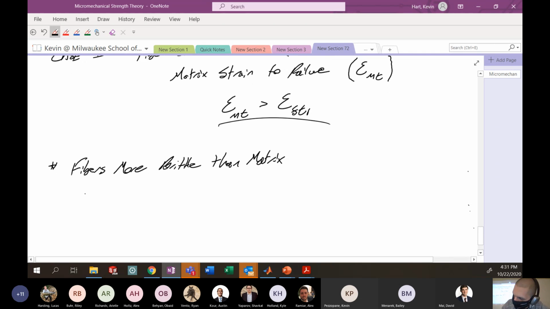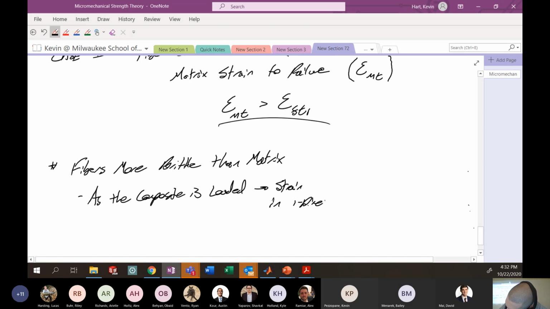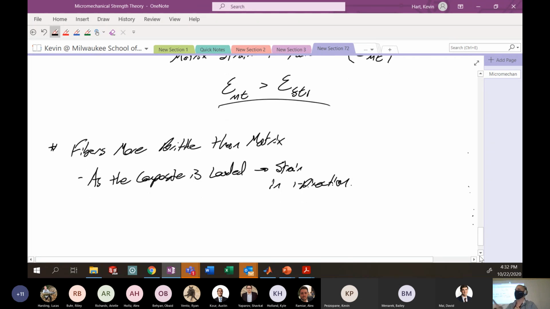As you load, the material is going to strain in the one direction. And then the assumption that we make here is that right when we reach the strain to failure for the fibers, all of the fibers fail at the same time.